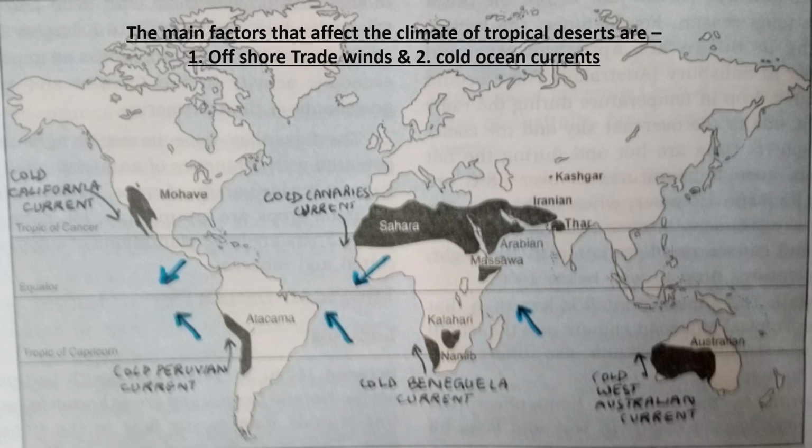So these are all cold currents and do not give any rainfall to the coastal regions, and therefore they also contribute towards the dryness of the area.